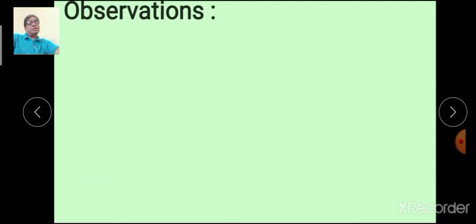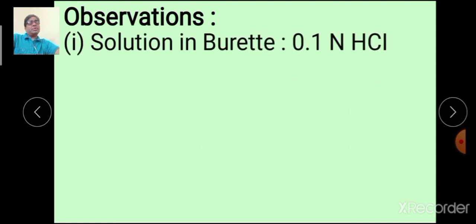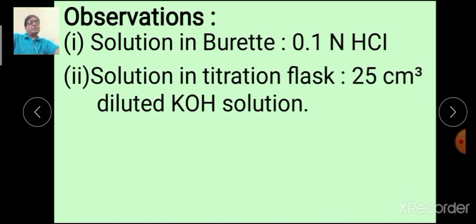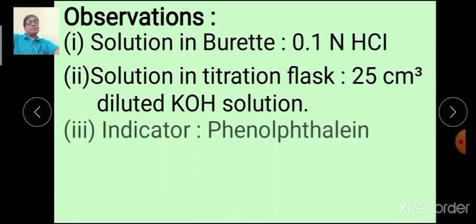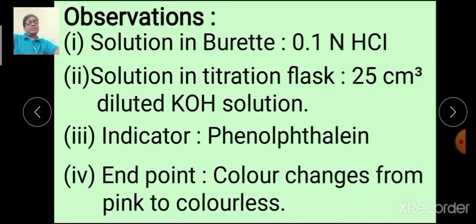Observation table. The first observation is solution in burette, of course, 0.1 normal hydrochloric acid. Solution in titration flask is 25 cc of diluted alkali solution, that is the KOH solution that you have diluted. The indicator is phenolphthalein, and the end point is color change from pink to colorless, because phenolphthalein has pink color in the alkali, as alkali is present in the titration flask.